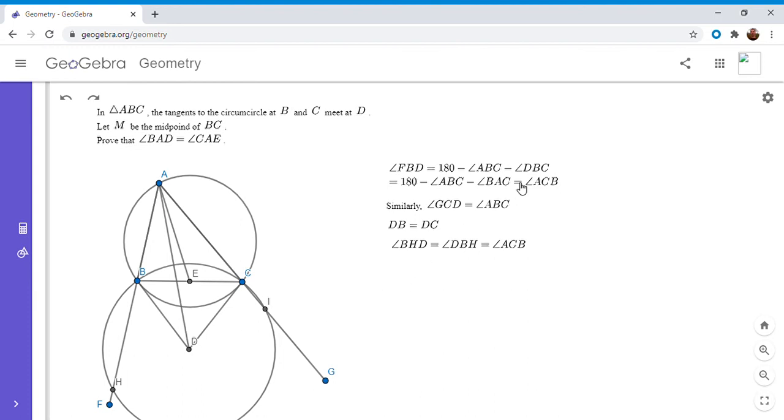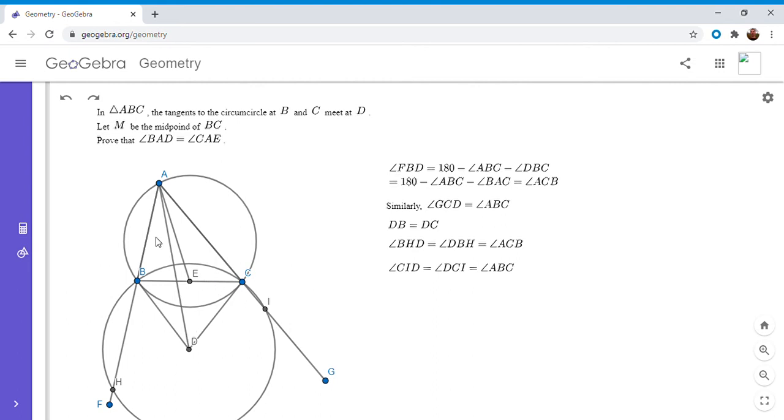As I said before, angle DBH, well, that's the same as angle FBD, which is angle ACB. And then similarly, we also have angle CID is equal to angle DCI, which is equal to angle ABC.